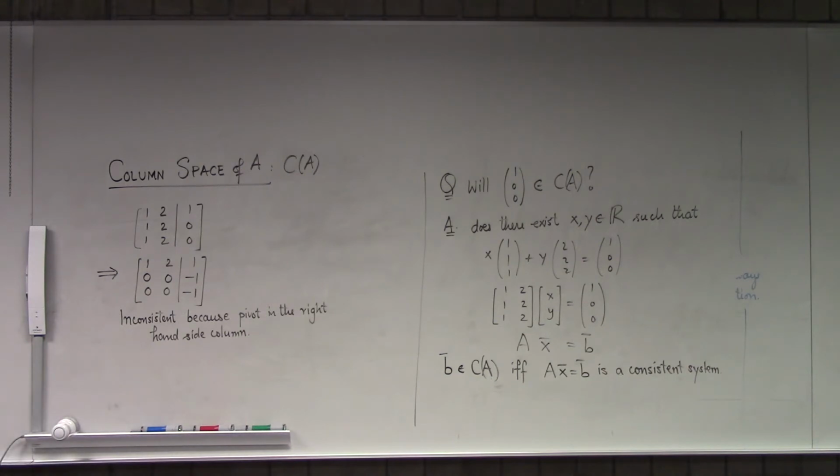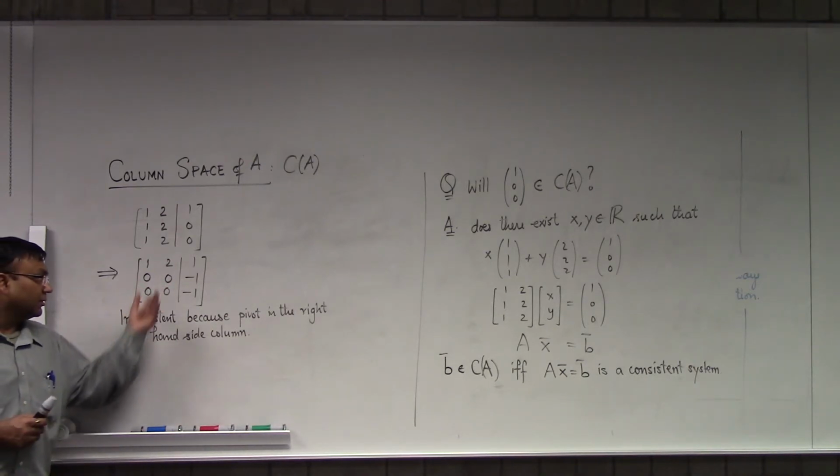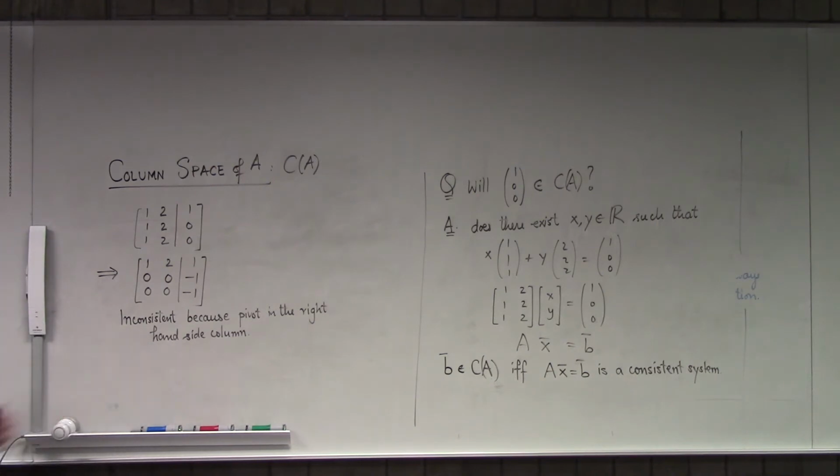Remember, a pivot entry in the right hand side column basically told us that the system will be inconsistent. Or if you want, you can write them in equation form and you will get 0 is equal to -1. Hence it is inconsistent. So what does this mean? It means 1, 0, 0 does not live in the column space of A.